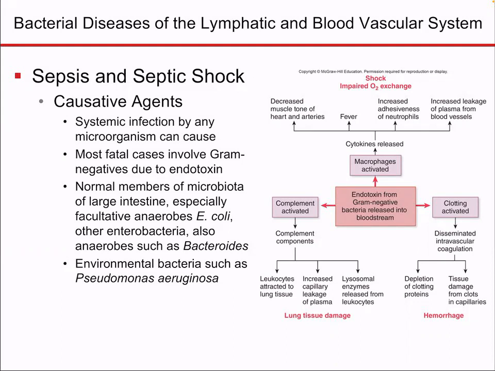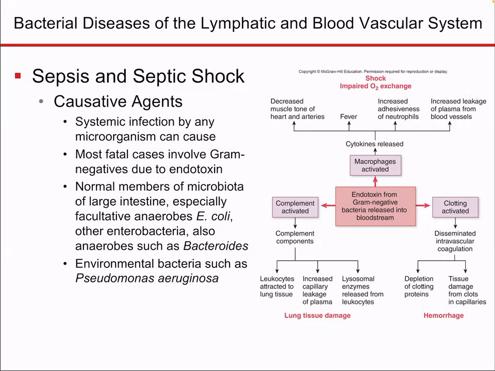It will require emergency treatment, and that may include, for example, supplemental oxygen, IV fluids, antibiotics, other medications could be used there too. So how pathogens may lead to this stage of septic shock?